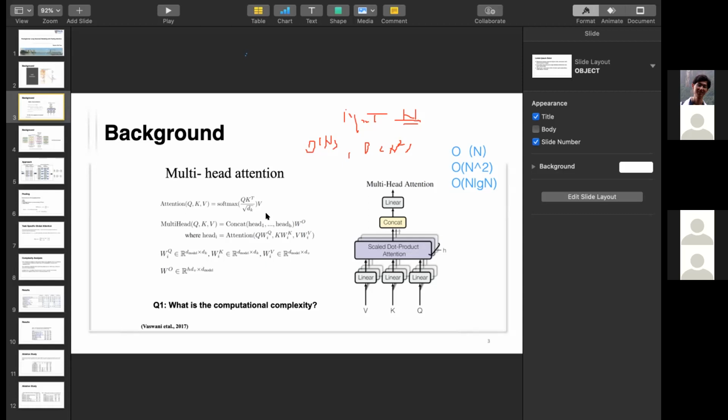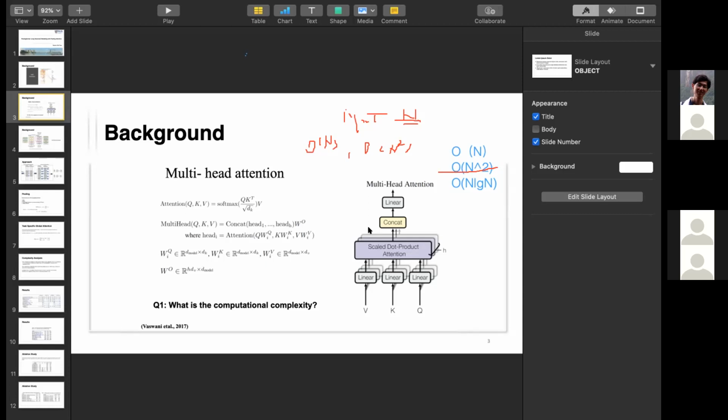O(n square), right? Because it's just multiplying two matrices. One matrix is W_Q, from d_model multiplied by d_k, and W_K is d_model multiplied by d_k. So it's actually two matrices multiplying, so it's n square.